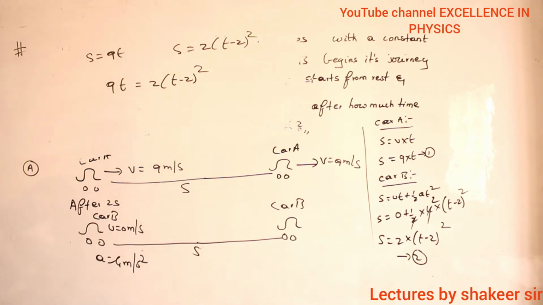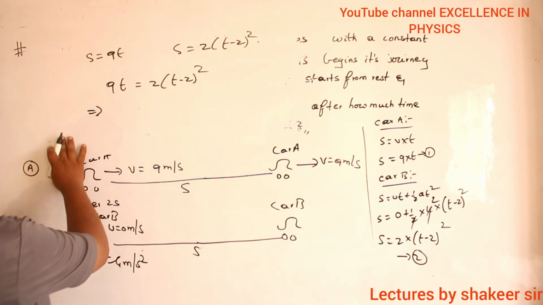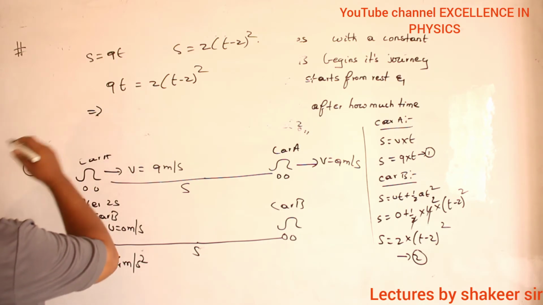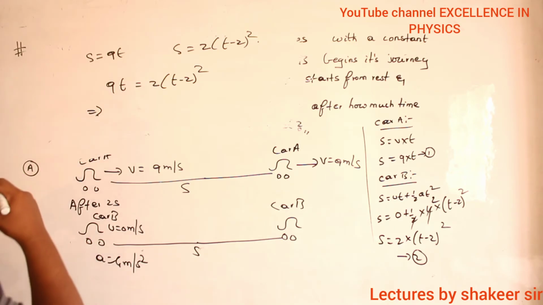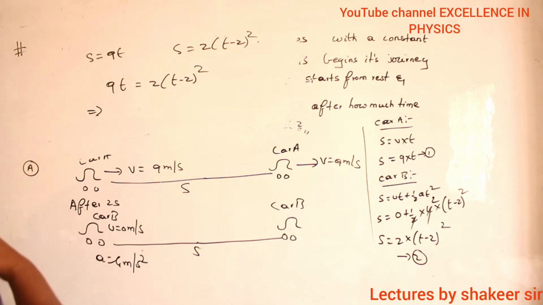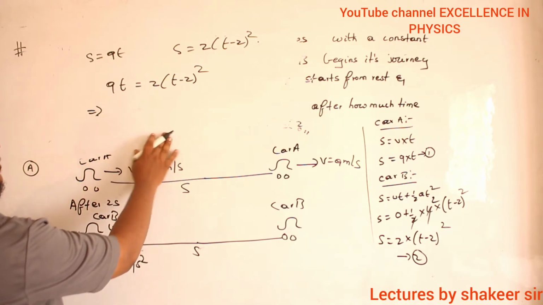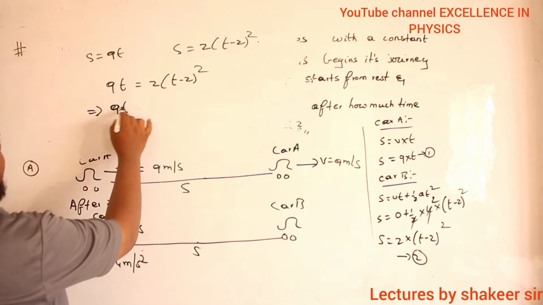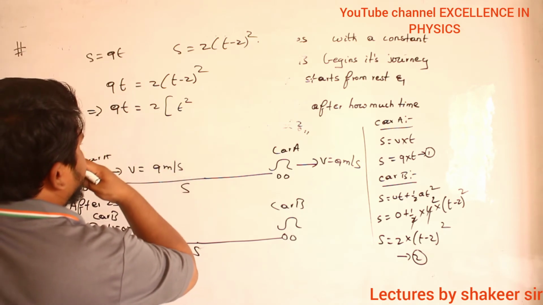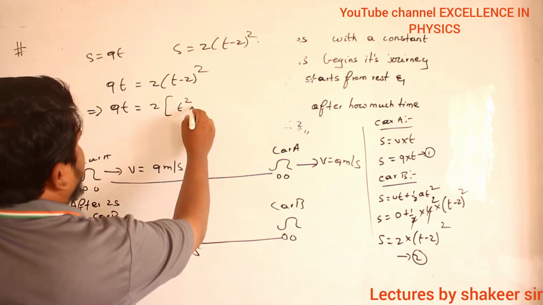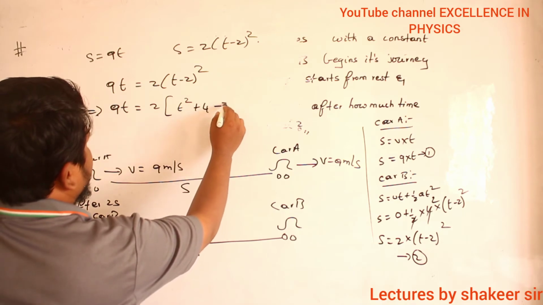Okay, let us see. So 9t is equal to 2 into t square plus 4 minus 2t.